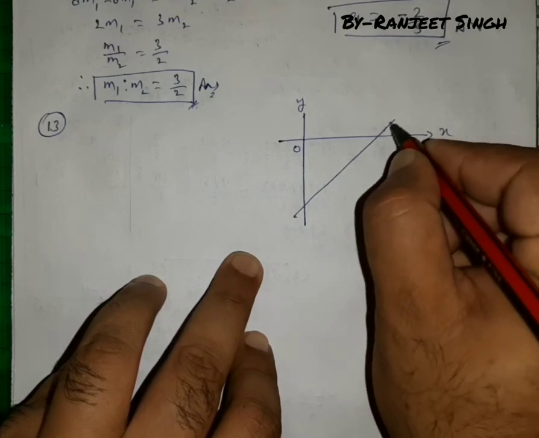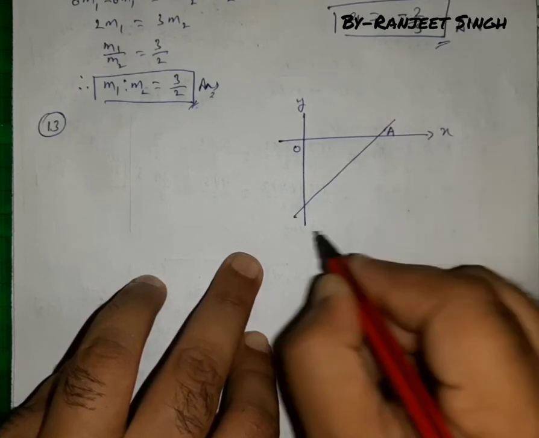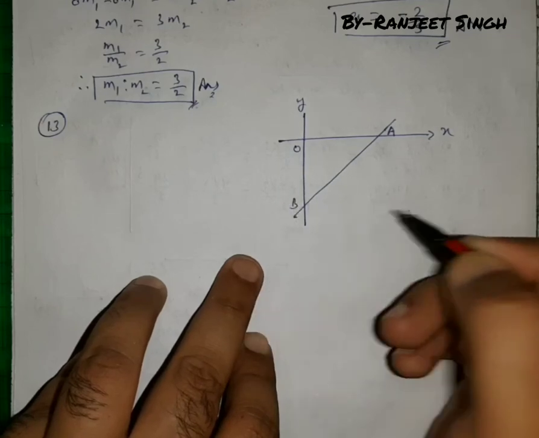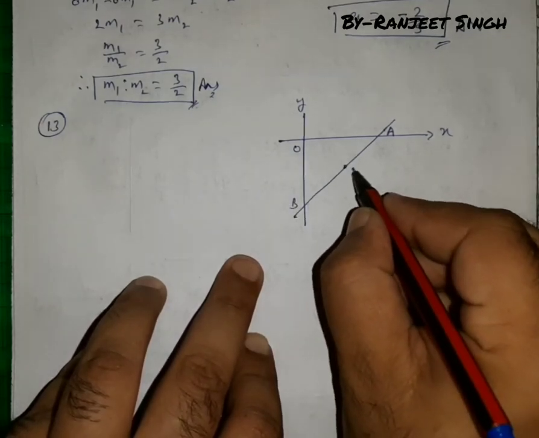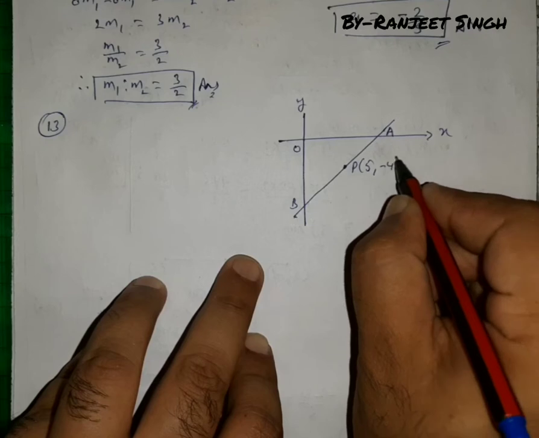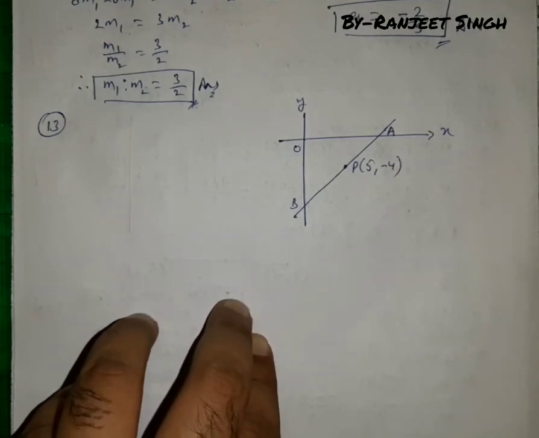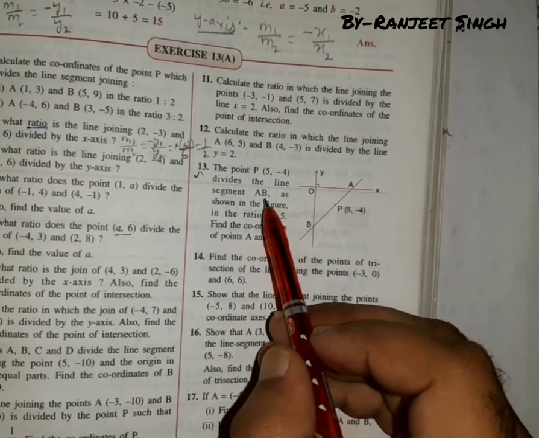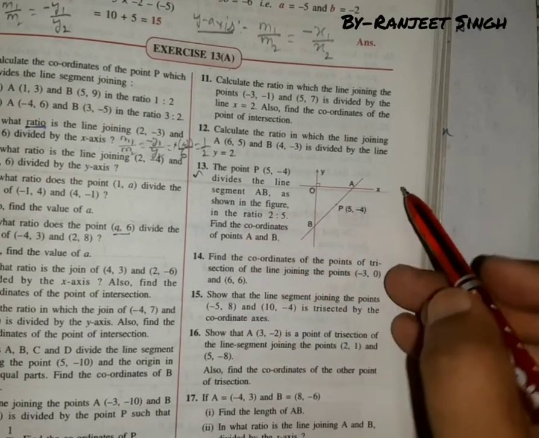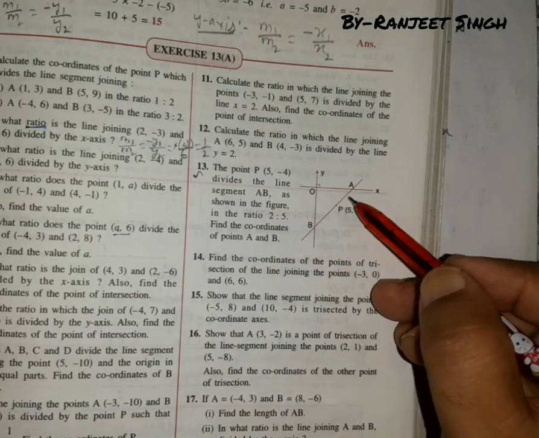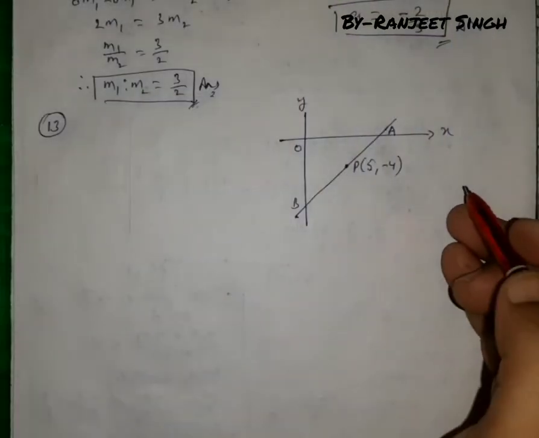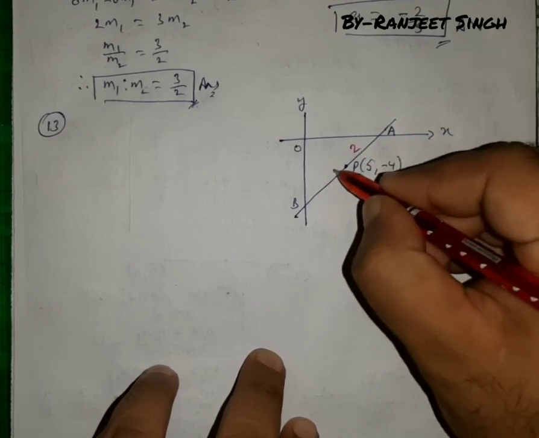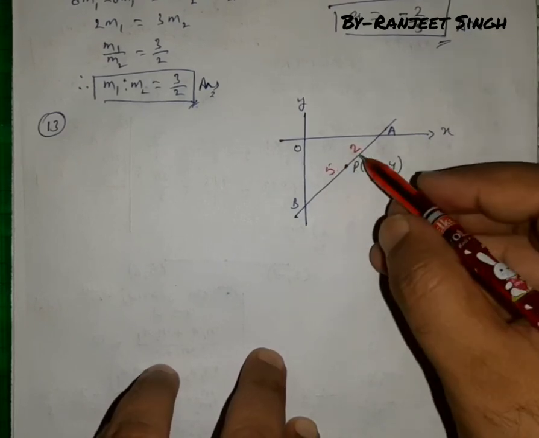This point is A, and this point is given as B, and here some point is given as P (5, -4). Now looking at the question very carefully, we have to take care of this ratio 2 is to 5, and this is dividing the line AB. So A is given here and B is here, so this is 2 and this is 5, I'm talking about the ratio.